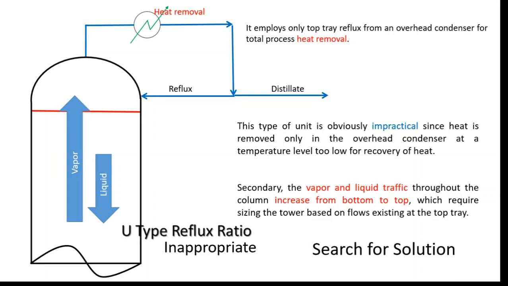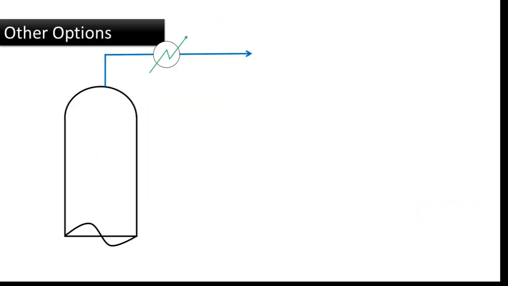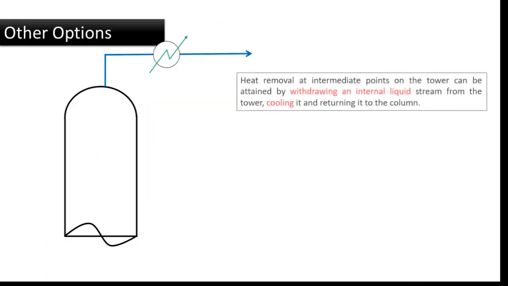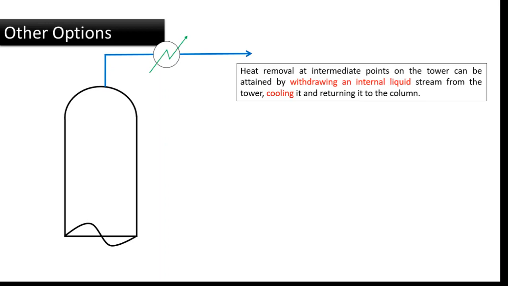Coming to the alternative options, these are the intermediate options, the heat removal at intermediate points. For example, intermediate points in the middle section of the tower, from where we can withdraw the internal liquids, cool them, and return them back into the column. So there is no loss.